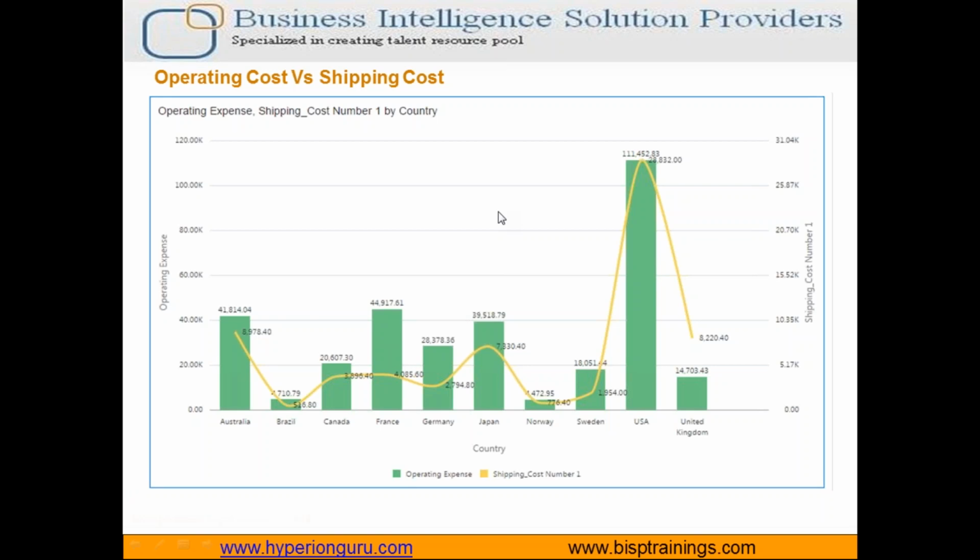Maybe salary is in six digits, in hundred thousands, and your age is between 20 to maybe 60, and therefore when you compare 100,000 to 60, your age line chart will display at the bottom, and it actually loses the purpose of data visualization. In such scenarios, it makes sense to do a dual axis chart.